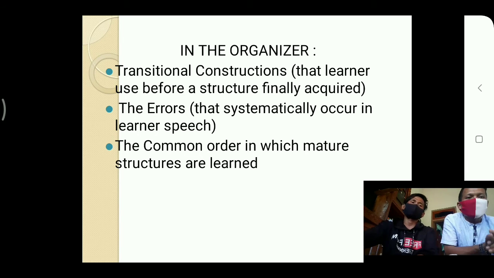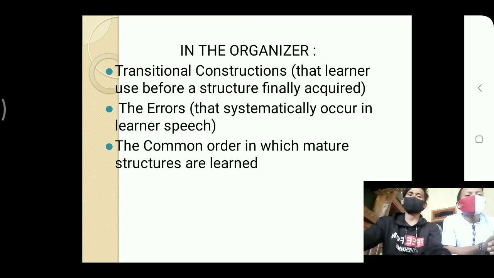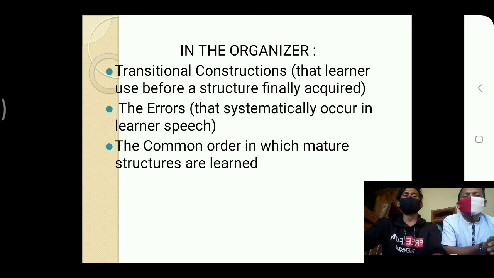The first is transitional construction, which learners use before a structure is finally acquired. The second is errors, which occur systematically in learners' speech. And the third is the common order in which mature structures are learned.